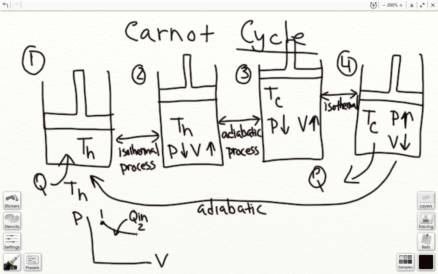From going from 2 to 3, we see a continued drop in pressure and an increase in volume. This process is adiabatic. So we go from 3 to 4, we see an increase in pressure and a decrease in volume. And then we'll go from 4 back to the original state at 1.